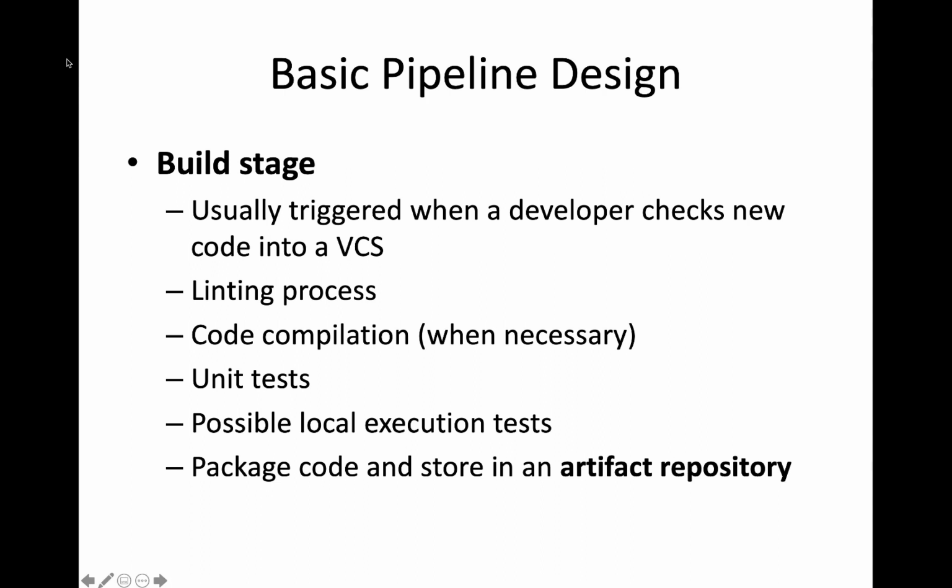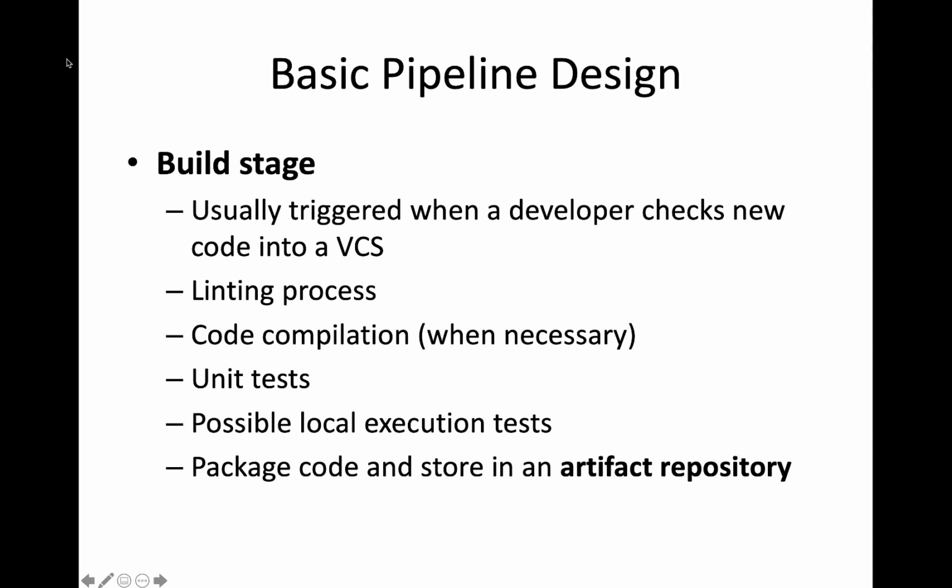And that binary file, or any of the files that result from this build stage process, represent output artifacts. The output artifacts will be packaged and stored within some sort of artifact repository. They're not going to be stored permanently on the build server, because the build server is ephemeral. Typically, after it's done building a project, it just goes away.